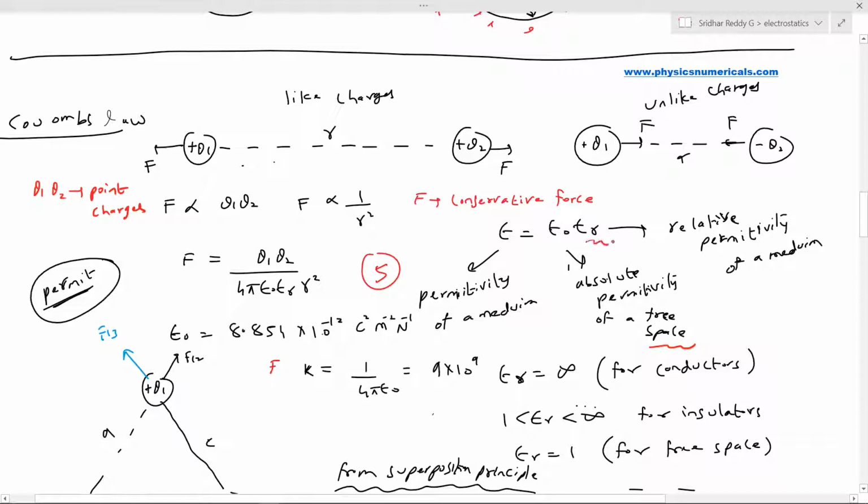And what is epsilon r? It is called the relative permittivity of a medium. The permittivity of a medium is epsilon r times the absolute permittivity of free space. Why are we bringing this in? What do you mean by permittivity? Break this up. Permittivity.